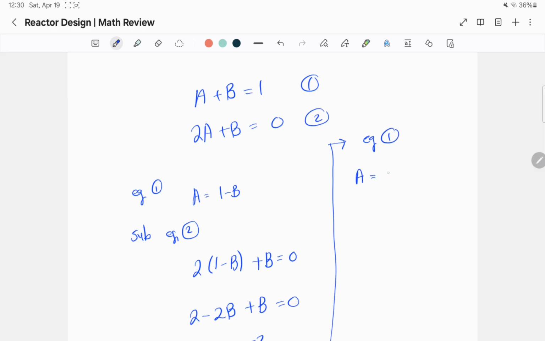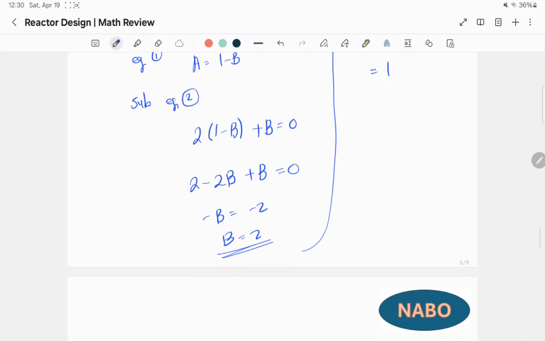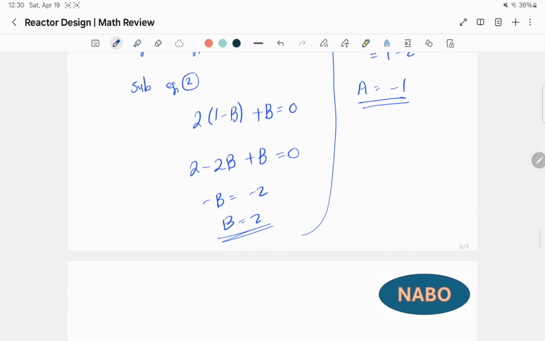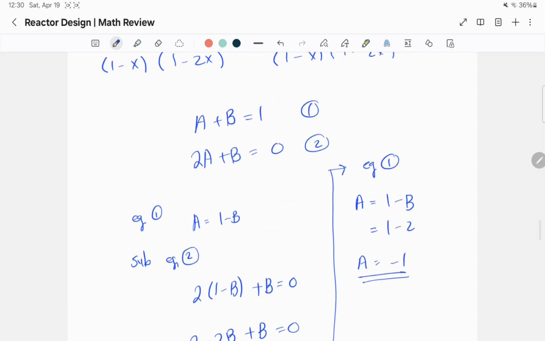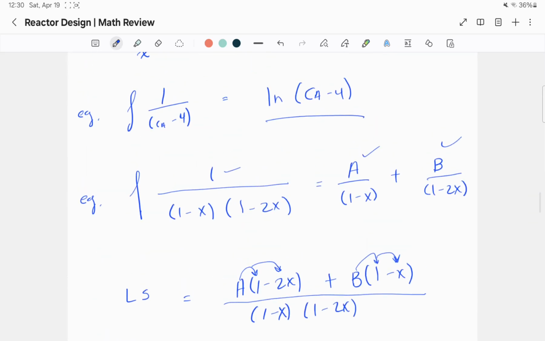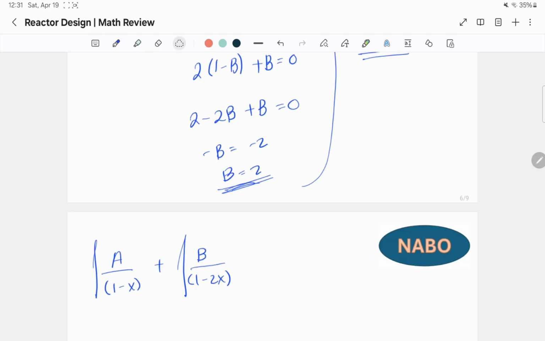So A equals 1 minus B, B is 2, 1 minus 2, A equals negative 1. These two values of B and A, we'll sub them back up here, and we'll find the integral for each term by itself.